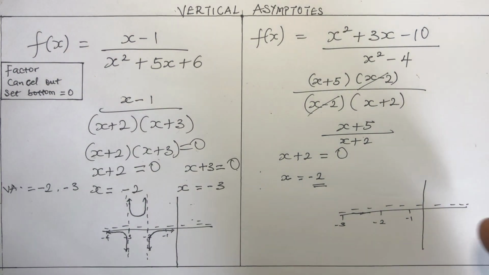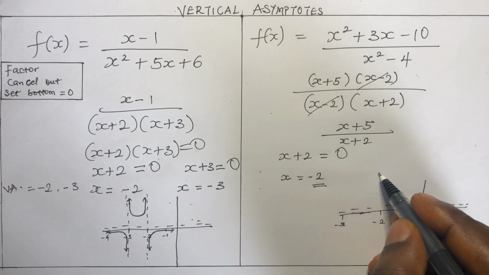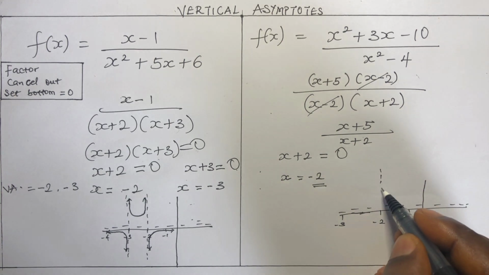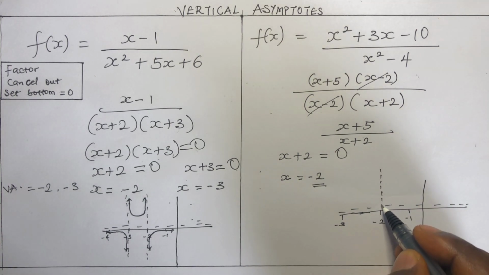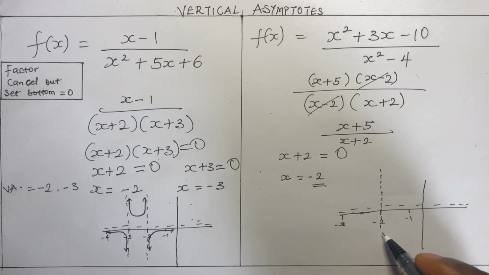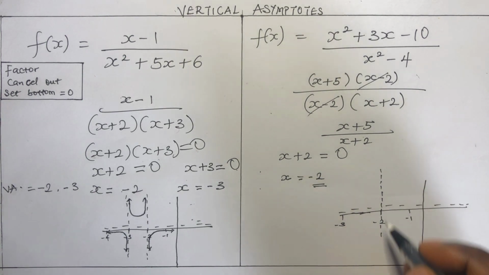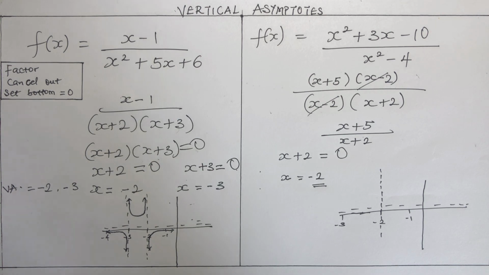We'll be talking about horizontal asymptotes in our next class. And our invisible dotted line should correspond to the vertical asymptote. These invisible dotted lines are the points where the function is not defined for x, right?